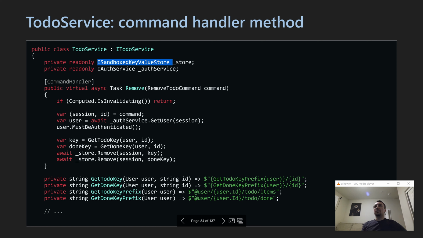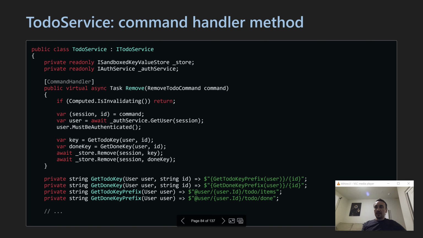So as you see, it uses sandboxed key value store, and our service is also one of the built-in Fusion services. And again, like in the beginning, there is a call we are not going to talk about right now. I'll cover it later. But as for the rest of it, we get the current user, call this method to throw an error in case this is a guest or not authenticated user, right?